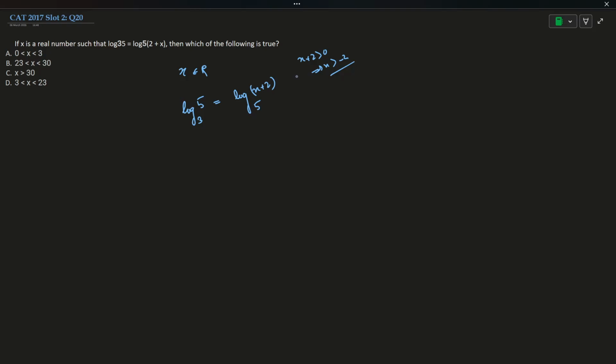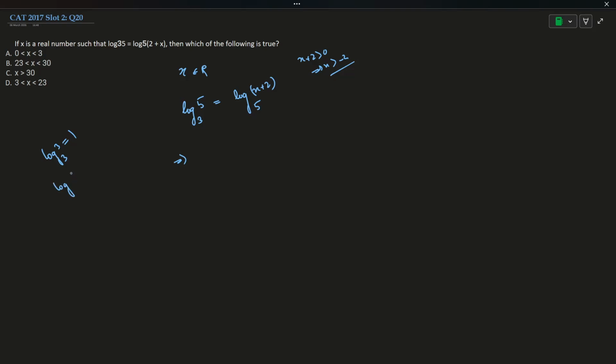All right, what can we do here, guys? Just let me think. So guys, log 3 to the base 3 is 1, right?